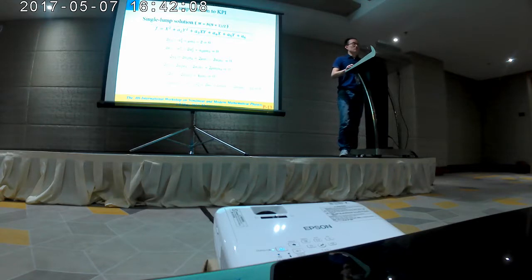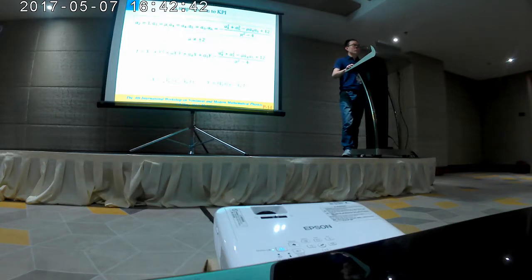For a single lump solution, we take f as a 2-degree polynomial of x and y with undetermined parameters a2 to a6. Substituting f into this equation and solving it, we can get the parameters.